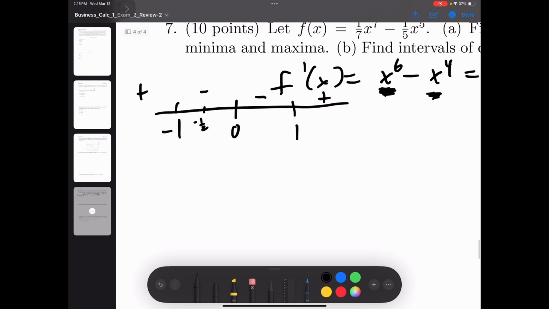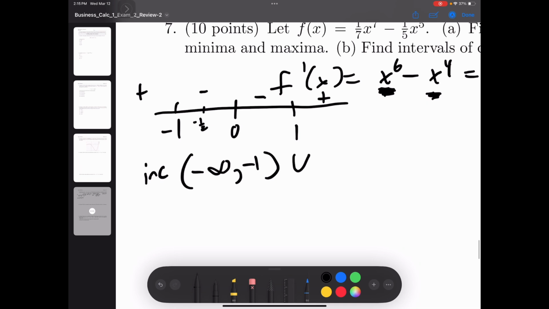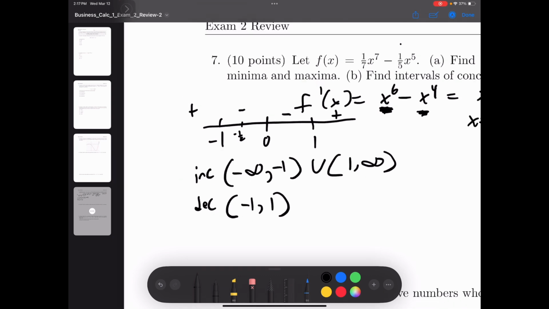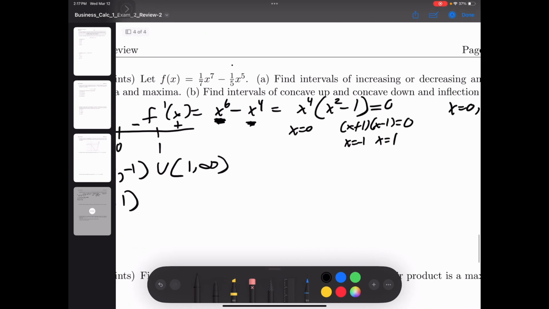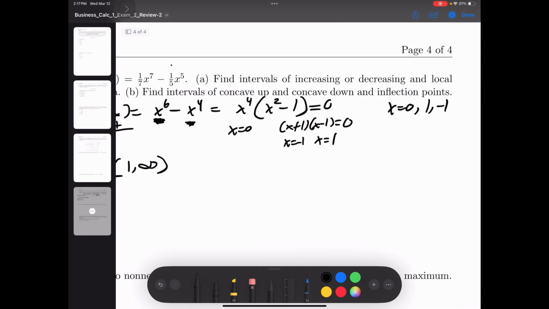So we can say increasing from -infinity to -1, unioned with 1 to infinity, and decreasing between -1 and 1. So that's our part A. Part B says find intervals of concave up and concave down, as well as inflection points.